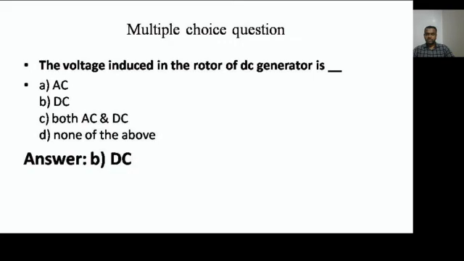The output of the rotor is always DC. In the armature conductor, the induced voltage is alternating, but when it is connected to the commutator, this alternating voltage is converted into direct current. Hence, the output of the rotor is always DC.